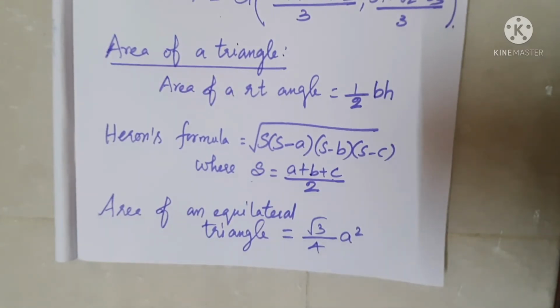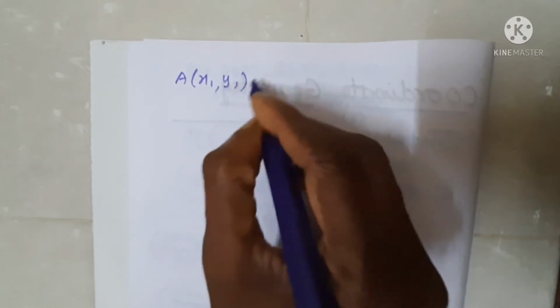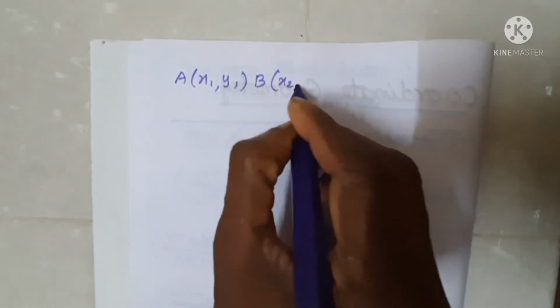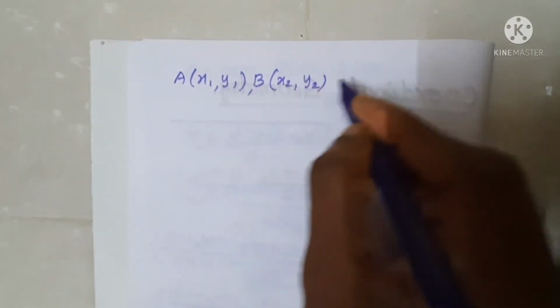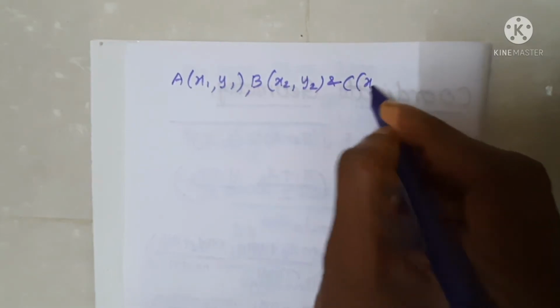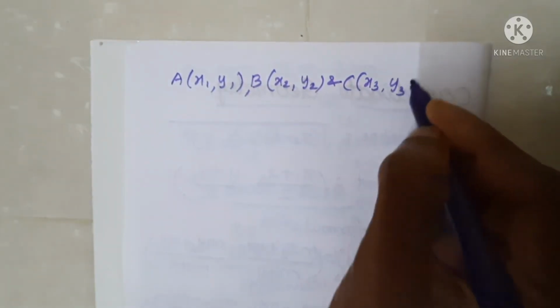formula to find the area of a triangle whose vertices are given. That is A of (x1, y1), B of (x2, y2) and C of (x3, y3).